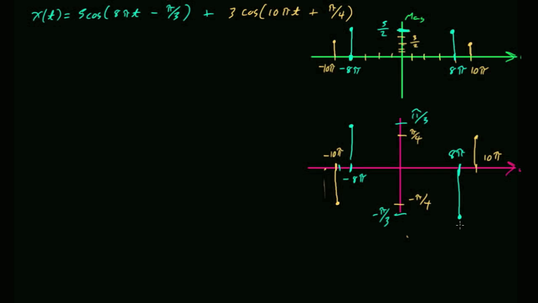So let me tell you where we're going with this, because I think a little context will help. Like halfway to the 8 pi, like 4 pi. Right, there might be some stuff at 4 pi, right? But is there any 4 pi in this signal?